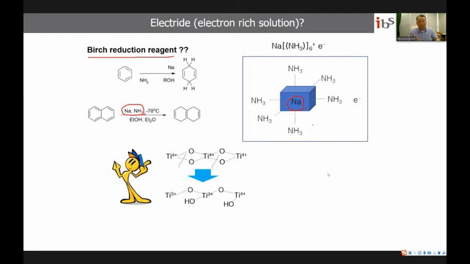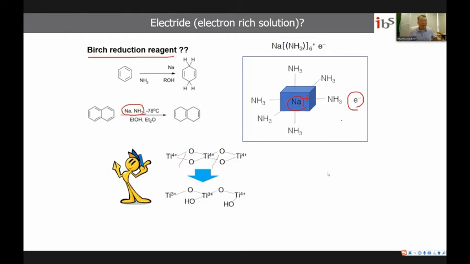What does the deep blue solution mean? It means that the sodium alkali metal gives an electron to the ammonia solution, becomes positively charged, and the solution is full of electrons.